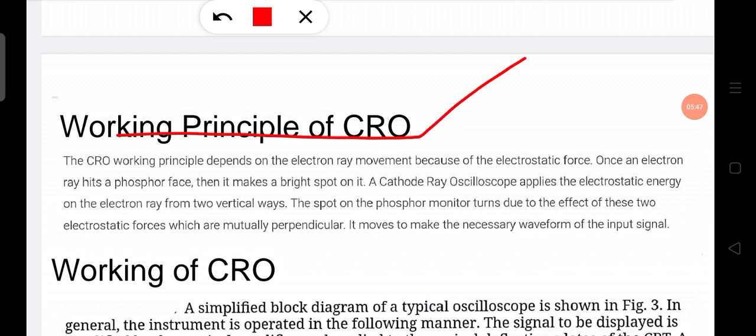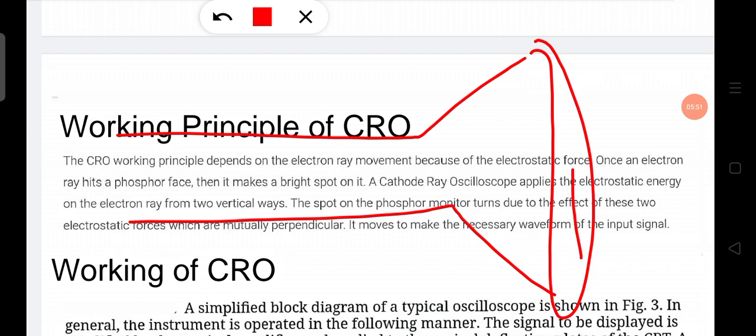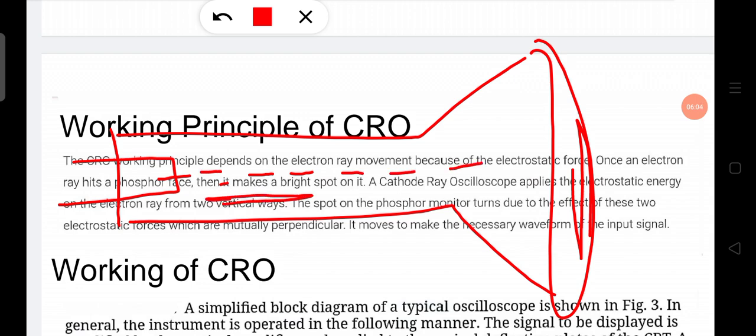This is the CRT, this is the screen, and here the cathode is there, and from this cathode one electron beam is generated, and here the vertical plate and horizontal plate are there.